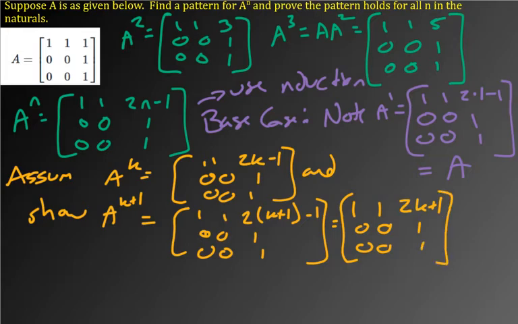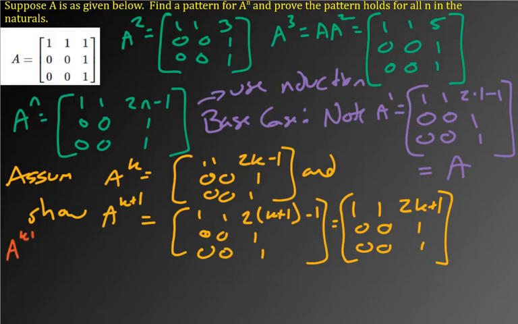Once you do enough of these, they feel very similar. So what I'm going to basically do is work with A to the k plus 1, assuming this, and I should be able to start here and get to this using that, okay?